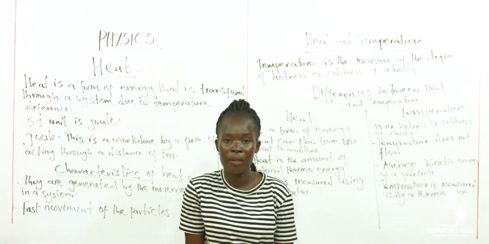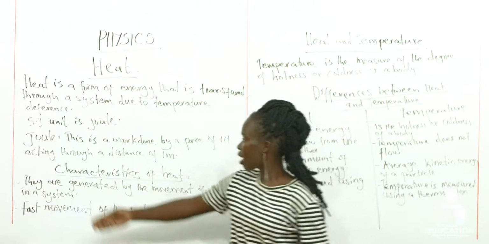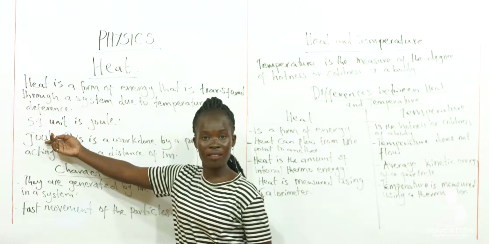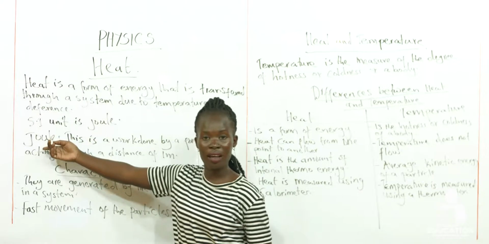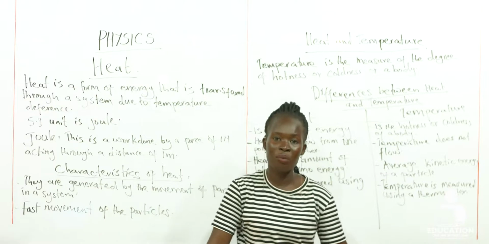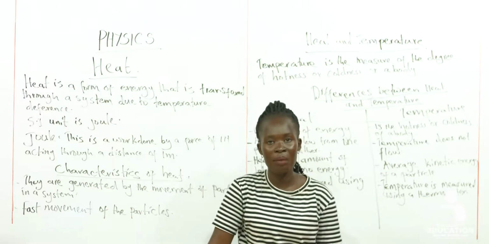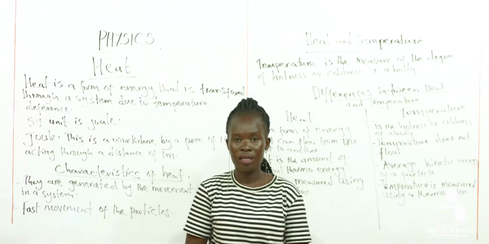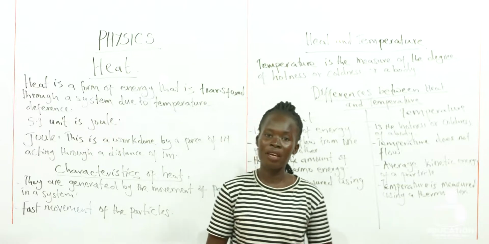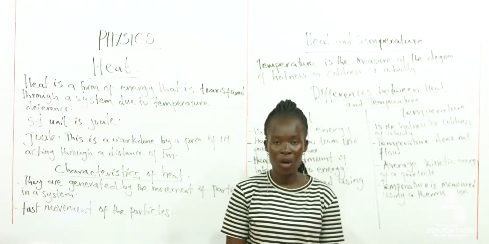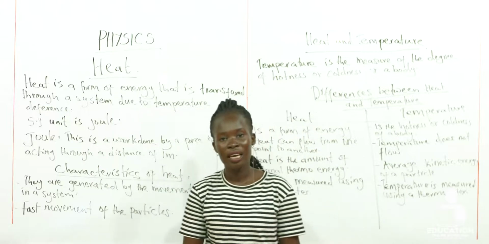Why? Here I'm saying that heat is a form of energy, so it is carrying a derived unit, which is the joules. But then the temperature, if you measure your body temperature, do they say that maybe your body temperature is 50 joules? It's not the case. They measure it either in degrees Celsius or in Kelvin.